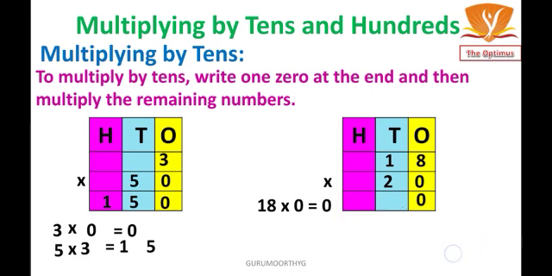Next, I am going to multiply 2 tens into 8 ones equal to 16 tens. In this 16 tens, I am going to split 10 tens plus 6 tens. In this 6 tens, 6 I am going to write in tens place. 10 tens carry out to hundreds place.